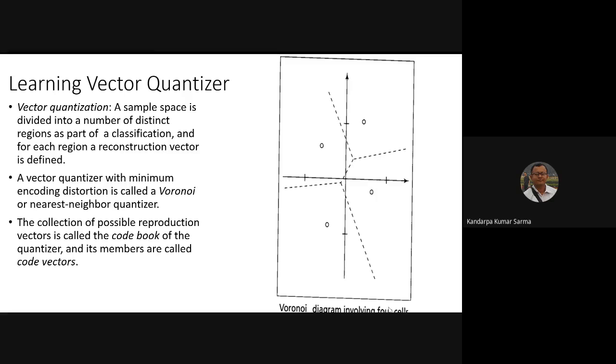Therefore, the vector quantization process shall be the formation of a number of quantization vectors, and then forming a code book where all the quantization vectors shall be stored. These will be linked to some sample space, and then the sample space subdivided into several smaller parts can be a part of the process of doing a classification or recognition.